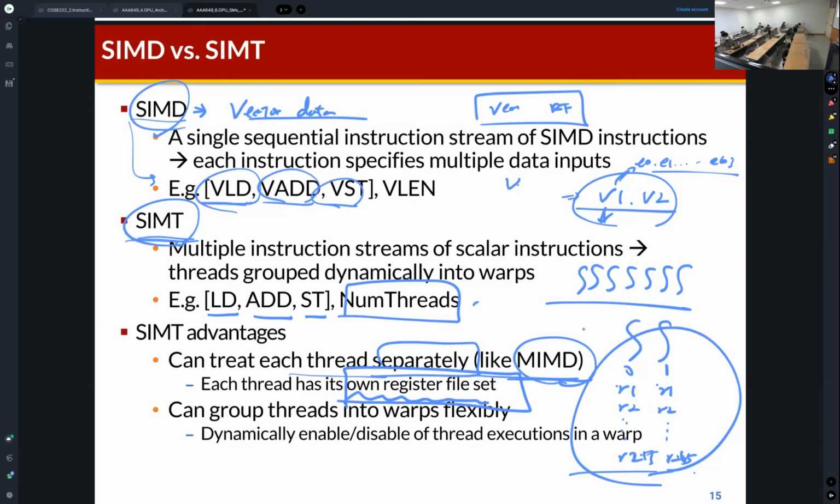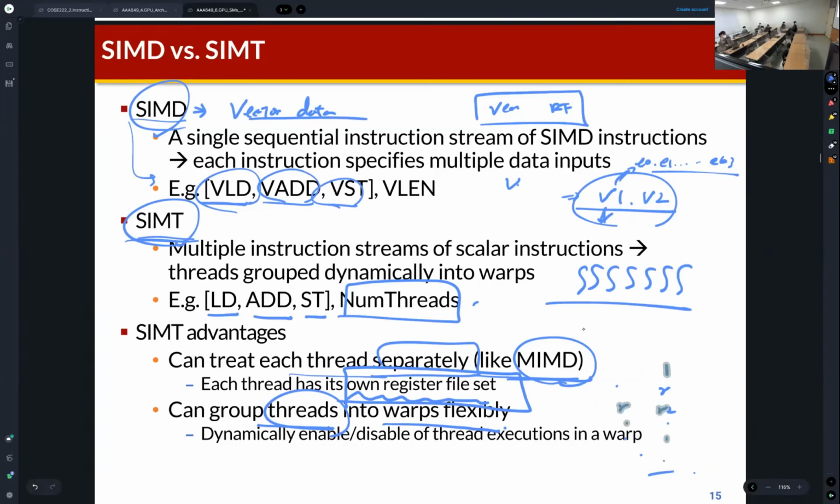And actually the threads work flexibly, which means the SIMT model supports divergent execution paths. What is the divergent execution path? It means it supports the branch.